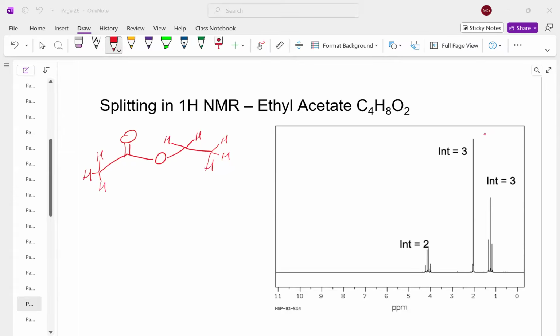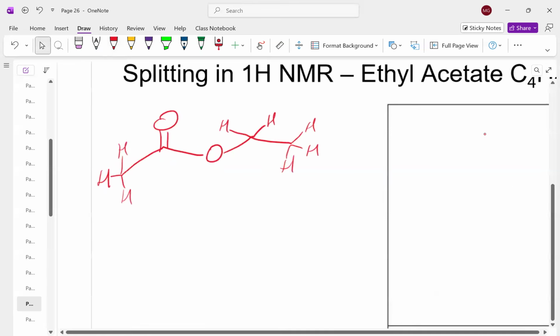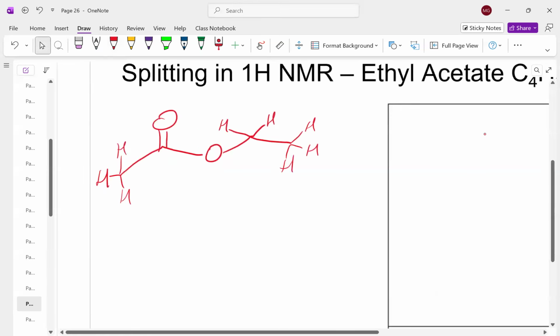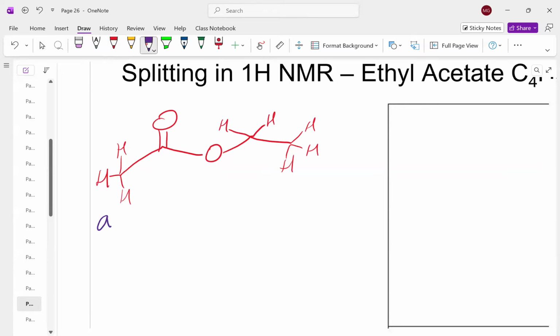Okay, so let's first look at this structure here. And just for the sake of time, I'm going to label these as A hydrogens. They're equivalent to each other. I'm going to label these as B and these as C. Now, what I want you to do is look at the A hydrogens, and look one carbon over in all directions.